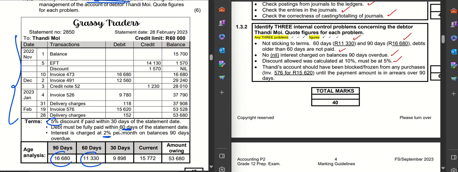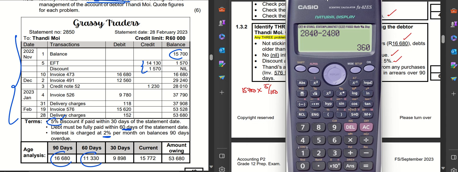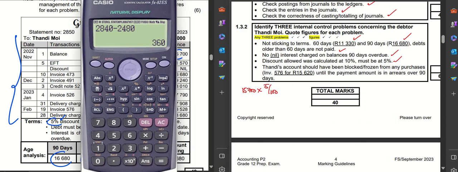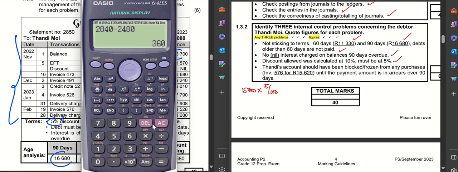If you see that discount of 5% is given if debtors pay within 30 days. All right. So we want to see when did a debtor pay. If you come here, you see that the debtor was owing 15.7. And if the debtor was owing 15.7 and then they pay, we were supposed to give them a discount of 5%. So let's see if we can get 5% of the 15.7.